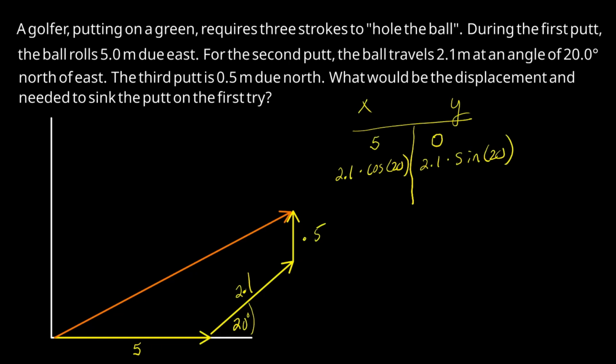The third one is going straight north, so it has 0 x and 0.5 y. So let's add those together. We get 6.97 and 1.22.